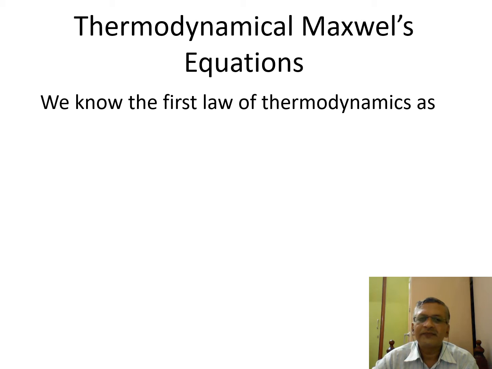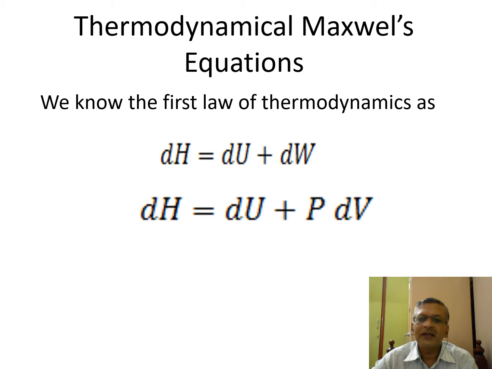For this, we know the first law of thermodynamics as dH is equal to dU plus dW. That is, whenever heat is supplied to a system, it is used for two purposes: one is to increase the internal energy, that is dU, and the other is to do external work. This external work dW can be written as PdV.